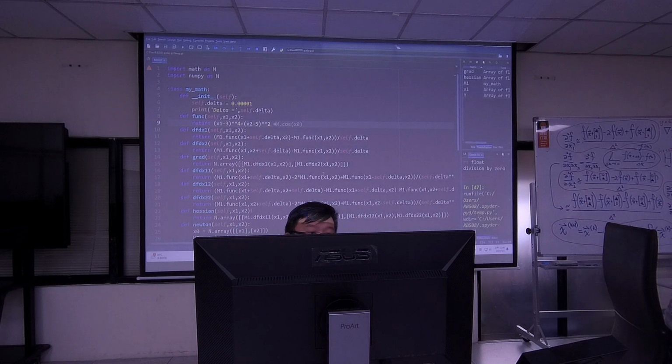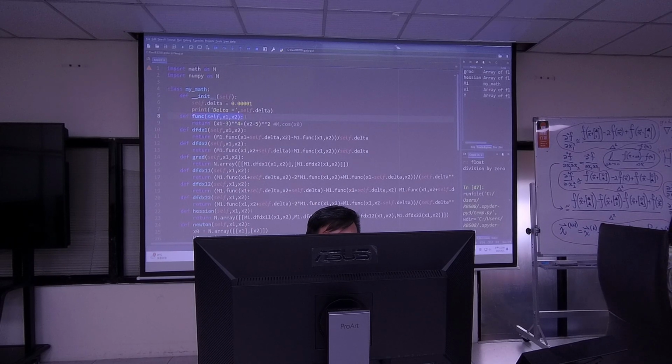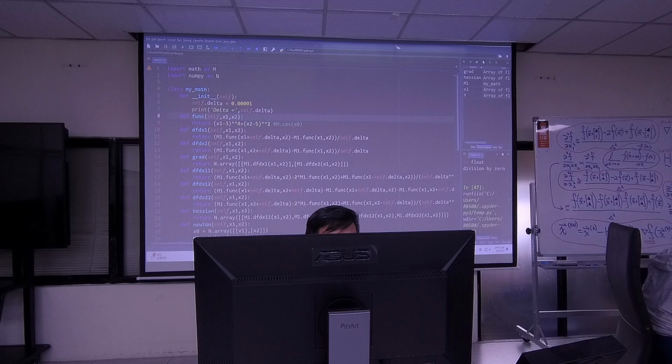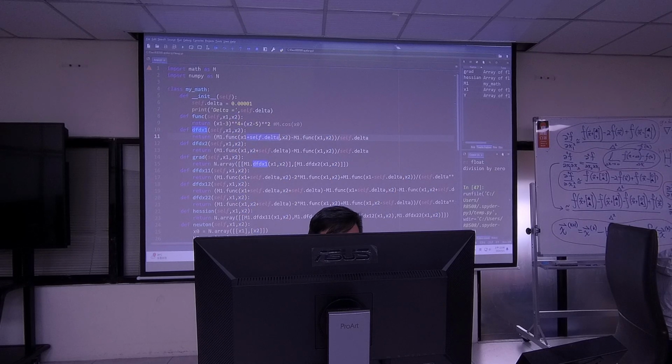So let's review what happened. Now I have two-dimensional problems. All my functions have two inputs, x1 and x2. And I'm trying to do partial derivatives with respect to x1 and x2. For the first one, I have an increment of delta on x1.